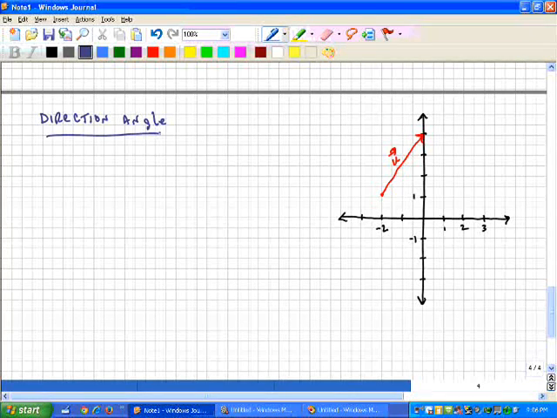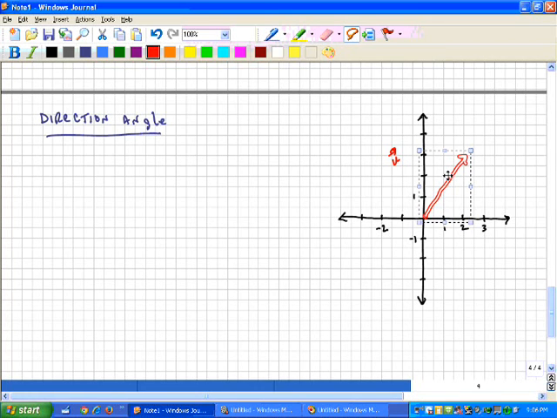The direction angle can be found by making an equivalent angle with its initial point at the origin, or simply moving the vector so that its initial point is at the origin, finding its magnitude using the horizontal and vertical components.